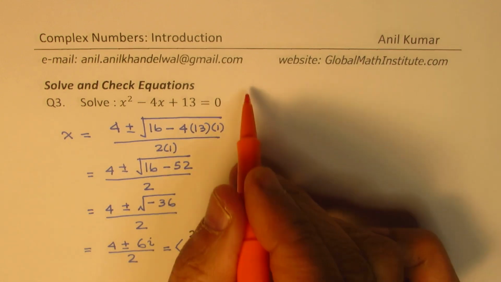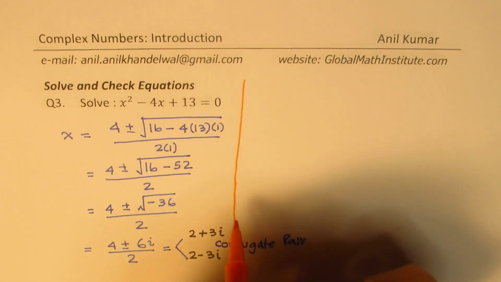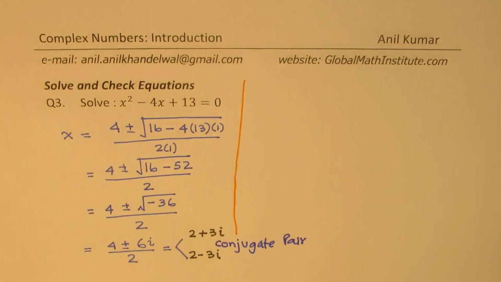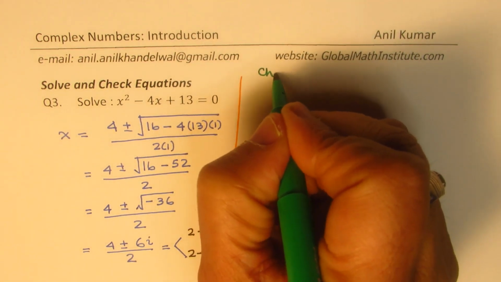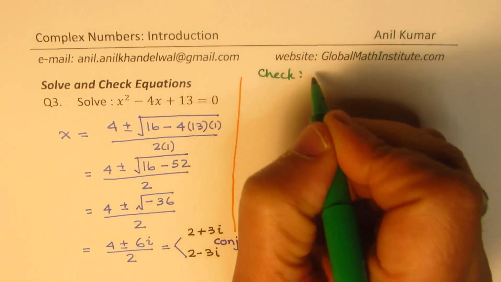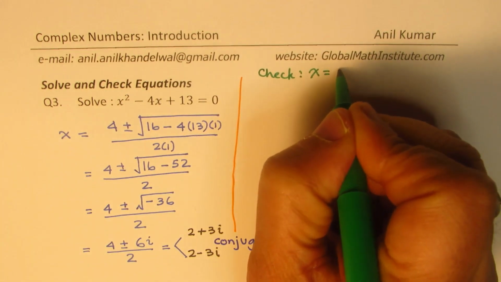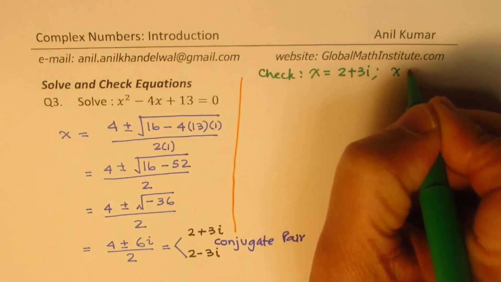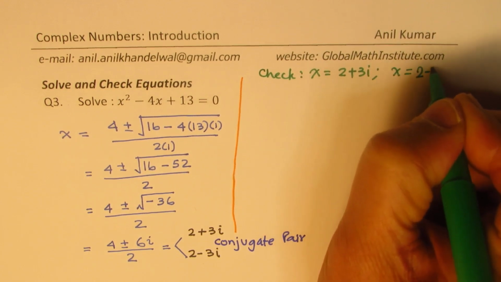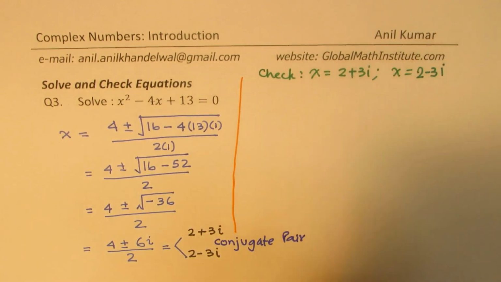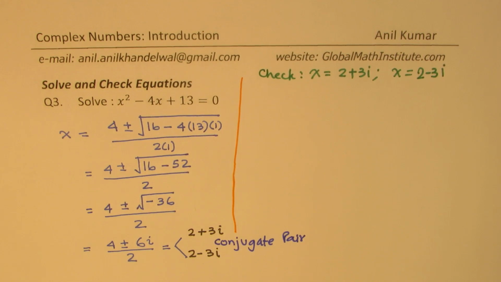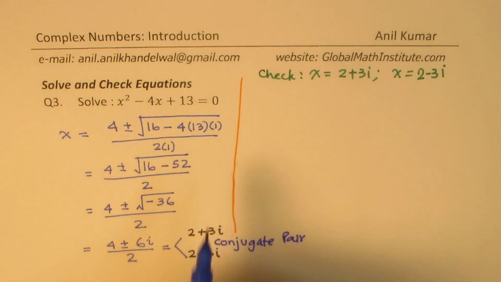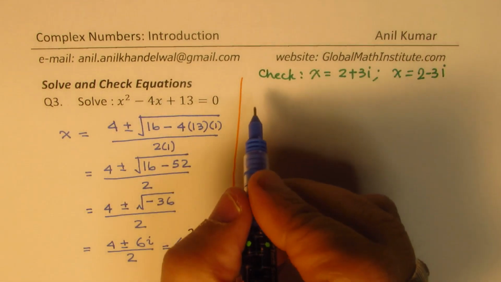Now, that is the solution part. Now we need to check if our solution is correct or not. So let's try to check this. So we will check for x equals 2 plus 3i, and also x equals 2 minus 3i. So if I substitute 2 plus 3i in the equation, what do I get?